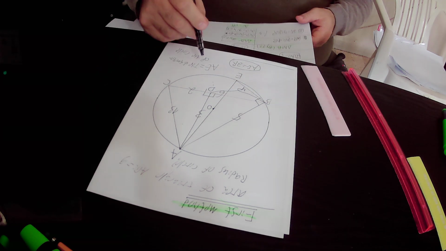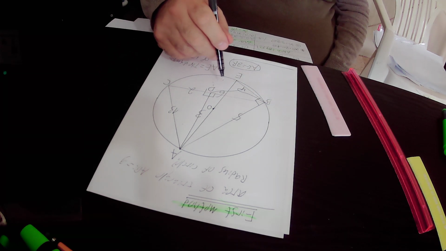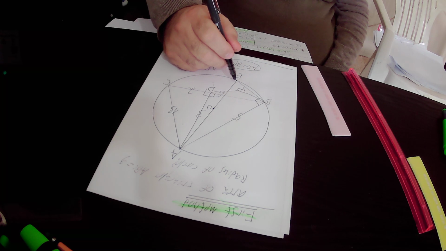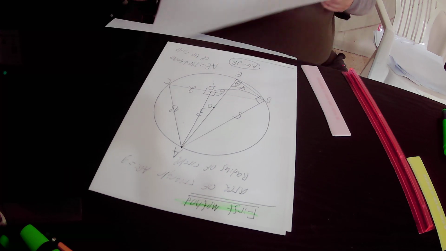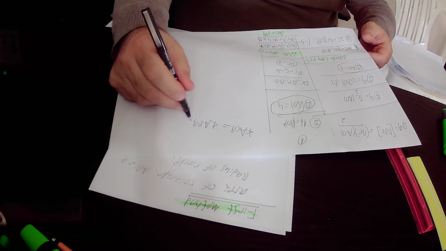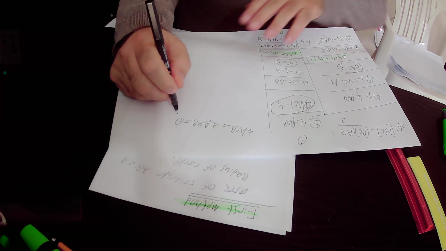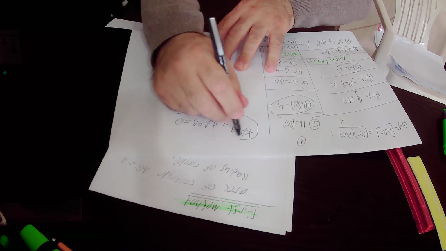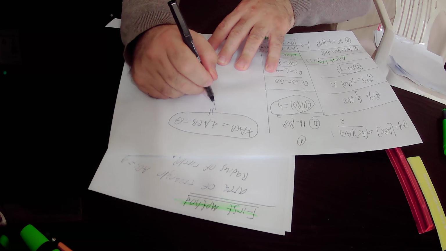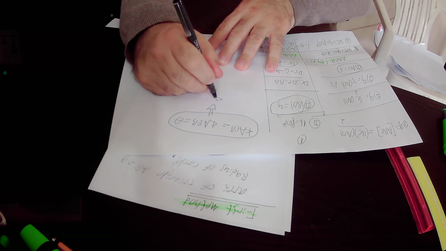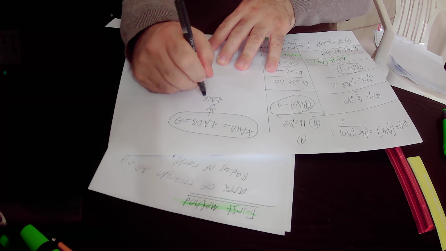So if we define angle AEB as theta, then from this equation, angle ACB equals angle AEB equals theta, we will derive that angle ACB is also equal to theta.